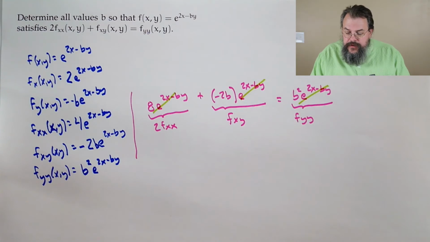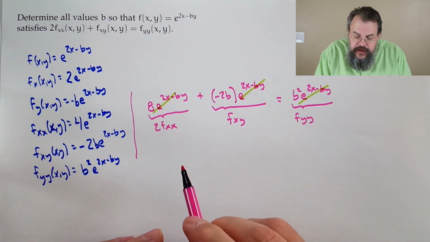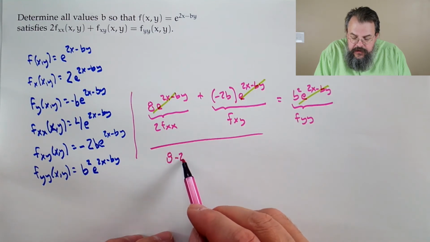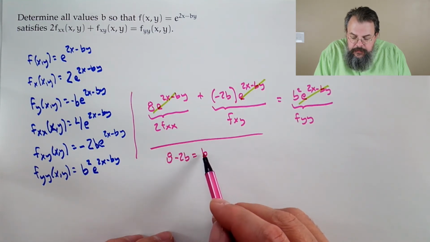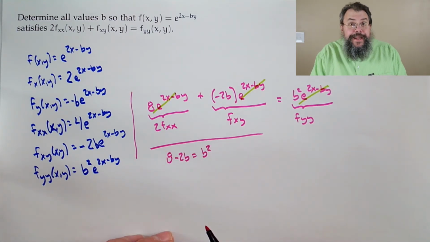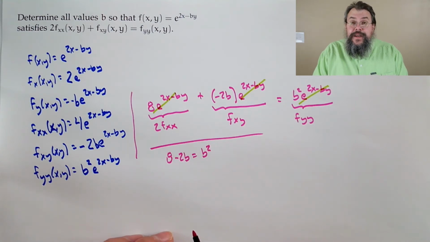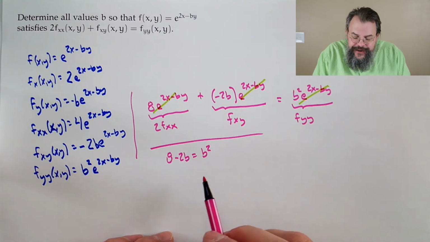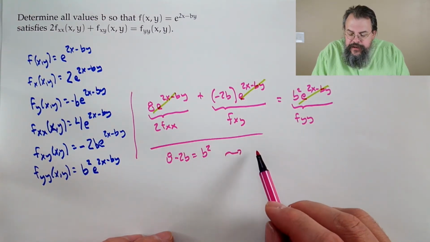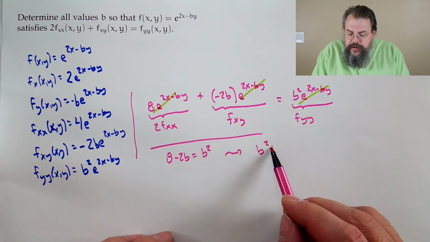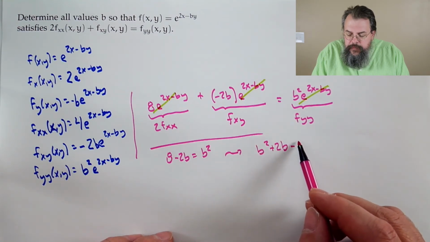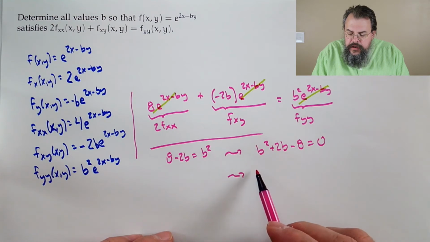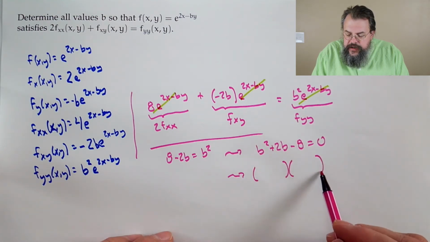So what's left? Well, what's left is we say, look, we need to have 8 minus 2b equals b squared. That looks a lot like a quadratic because it's a quadratic. So another way to say that is b squared plus 2b minus 8 equals 0. Well, that looks like it factors.